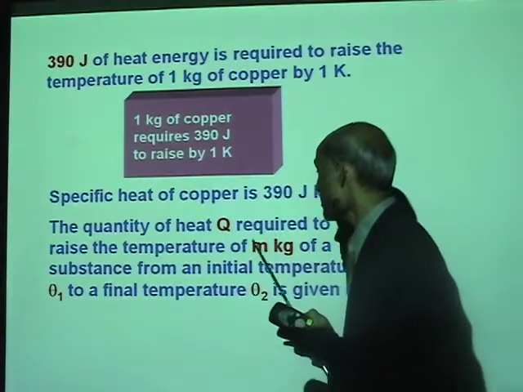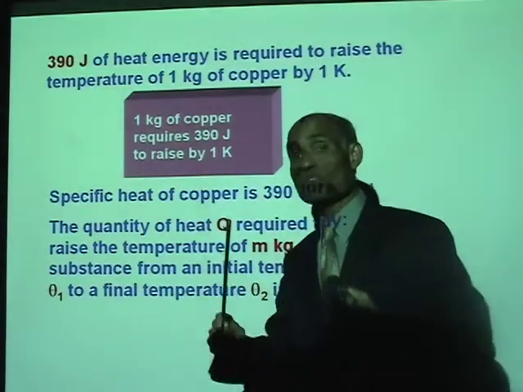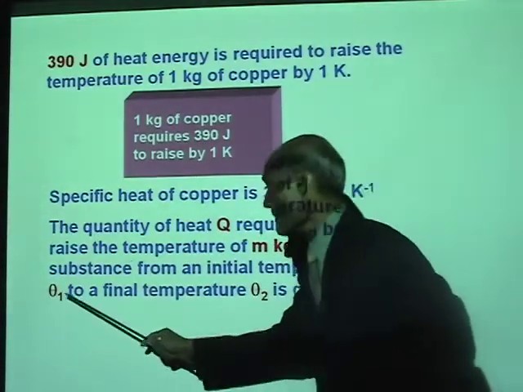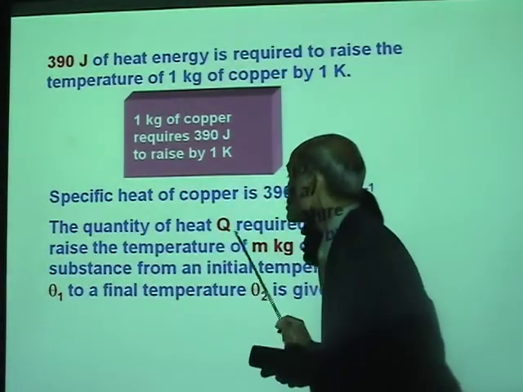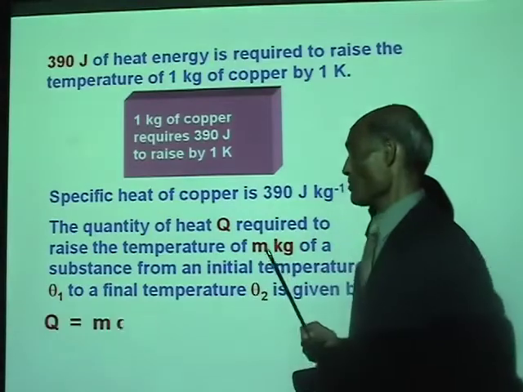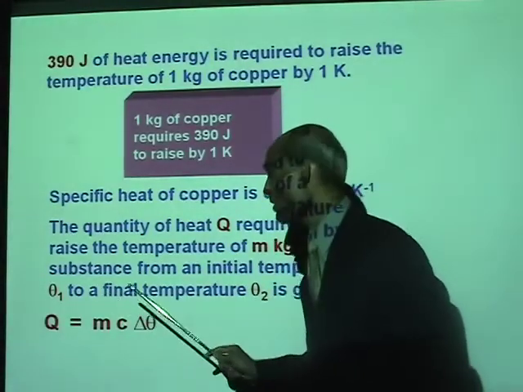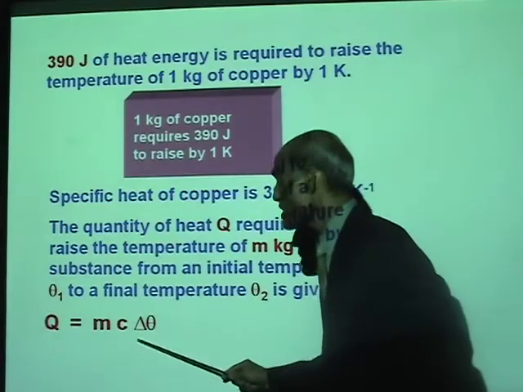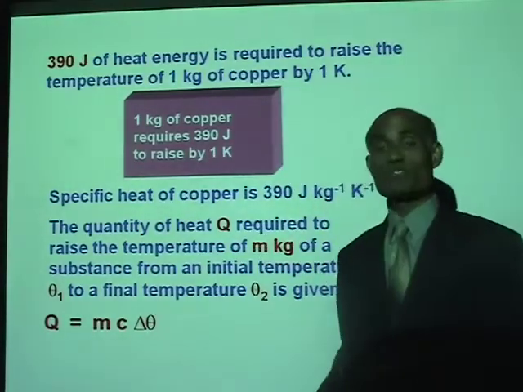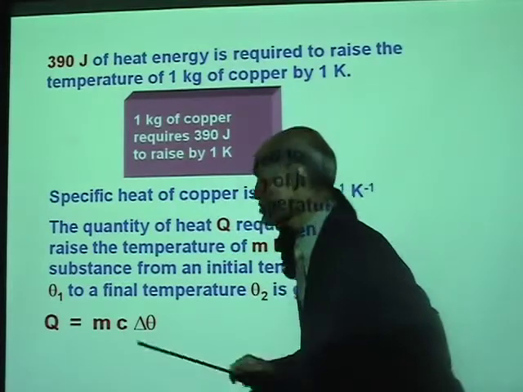So, if you multiply the mass by the specific heat and then by the change in temperature, you will get the quantity Q required to raise the temperature of m kilogram of a substance by a change in temperature of delta theta. A very important relation.